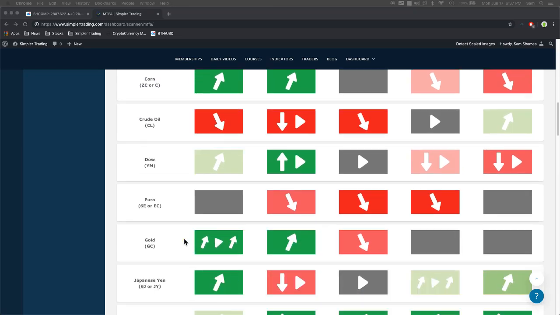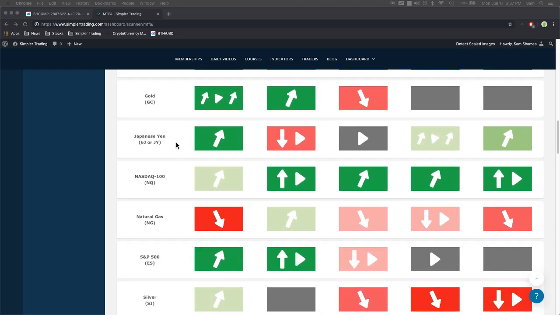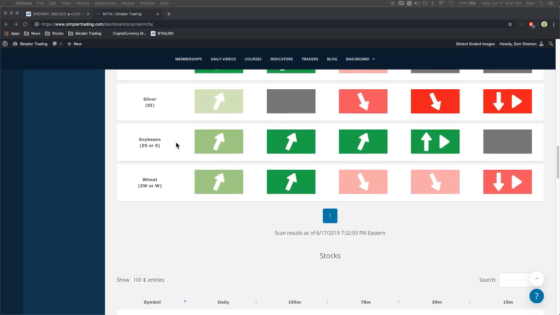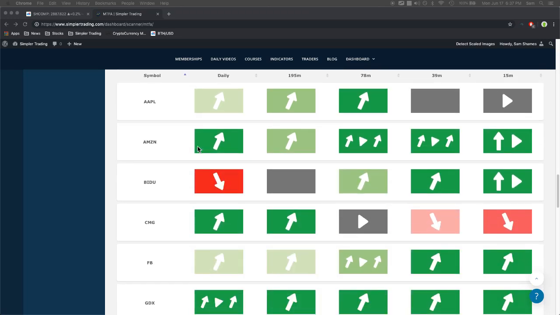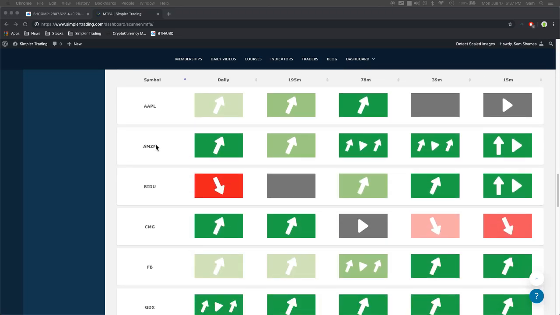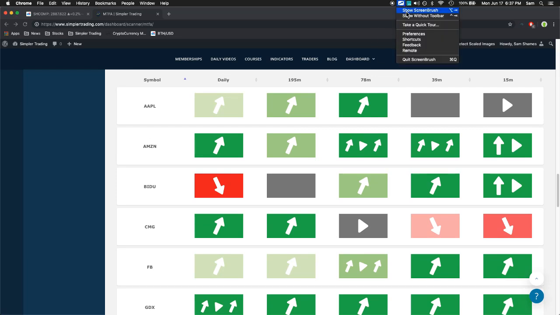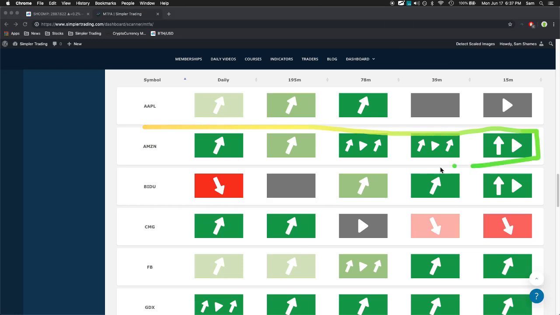Let's keep going down the list. So this is everything we would look at. If you keep scrolling, however, you're going to see all of the top stocks. And it's the same exact idea. So just very quickly here, I have a position in Amazon that I opened today. Looks pretty good across the board, right? The difference between this arrow here, you see how it's just a single arrow?